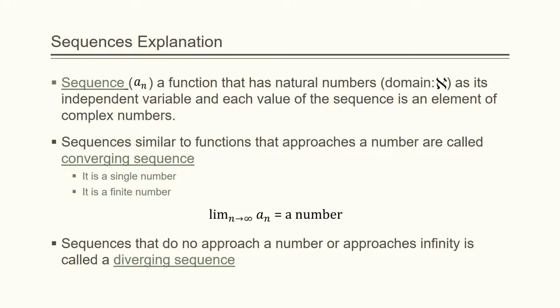So when the limit of an as n goes to infinity is equal to a number, it is a converging sequence. A sequence that doesn't approach a number or approaches infinity is called a diverging sequence.